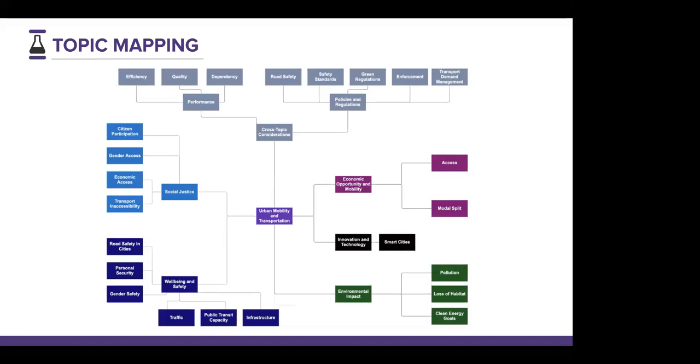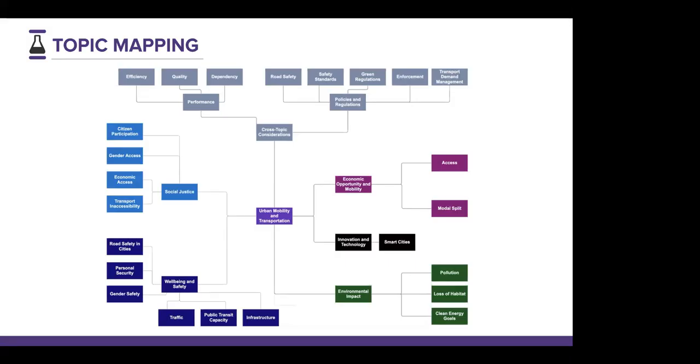Here, when we were looking at urban mobility and transportation, some of the subtopics and categories that came up were, for instance, urban mobility and well-being and safety. Are we going to focus on the safety of transportation? Or on gender safety or social justice, who has access to transportation? Or on innovation of transportation?